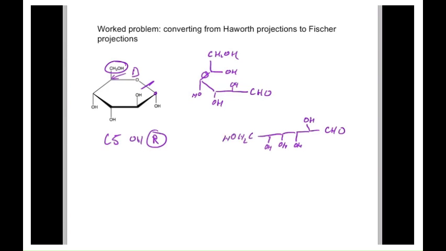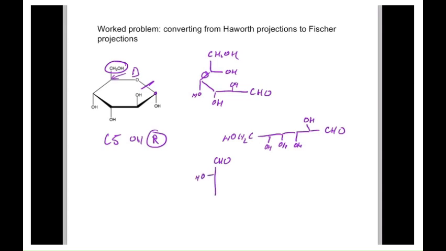Now, when we went from Fischer to Haworth projection, we rotated 90 degrees clockwise. Now we're going to rotate 90 degrees counterclockwise. So as a result, everything that's on the bottom will end up on the right. Everything that was on the top will end up on the left.